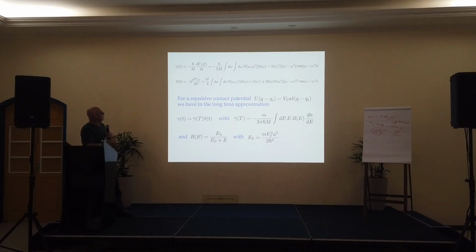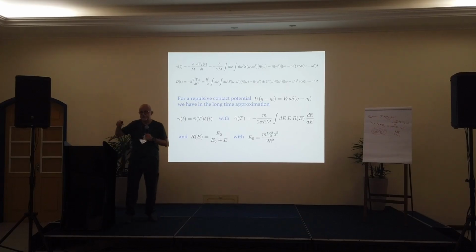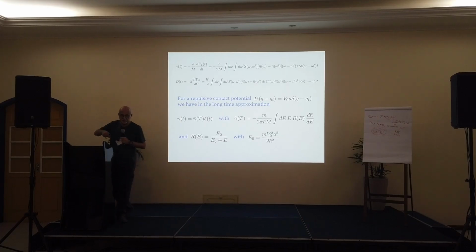Okay, so that's the expression that we have, gamma, and that's a sort of time-dependent relaxation, time-dependent diffusion constants, and so if we take the sort of contact potential delta function, we have these expressions here for the gamma, which is temperature dependent.